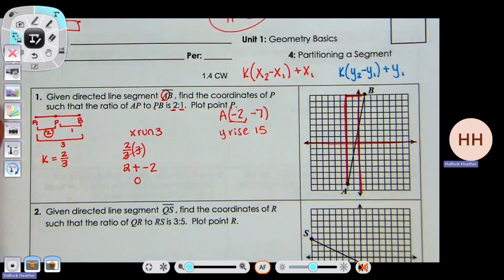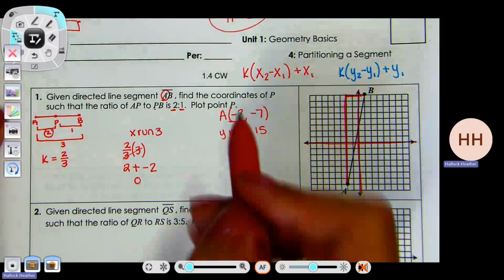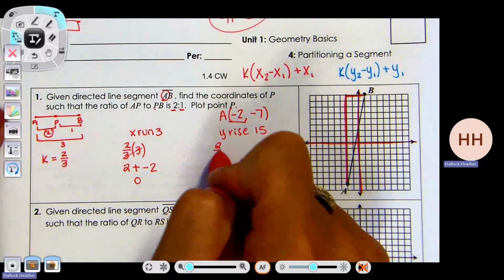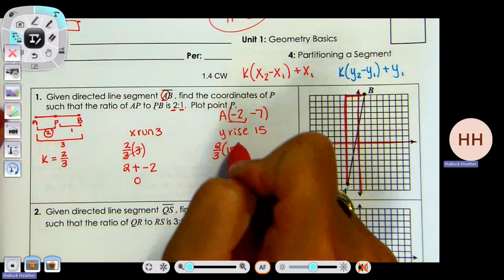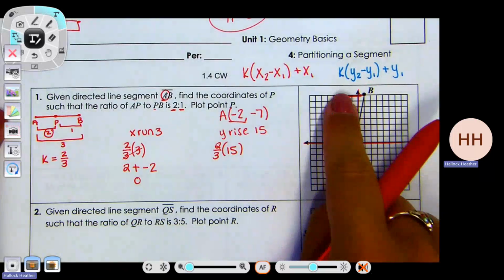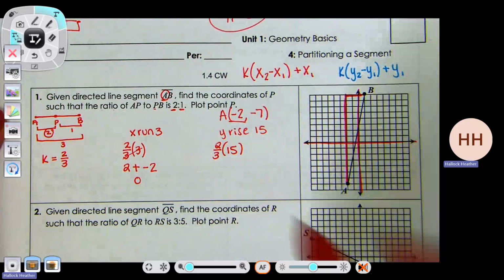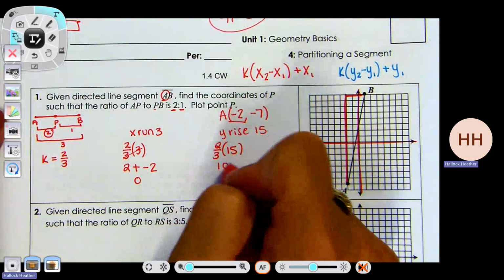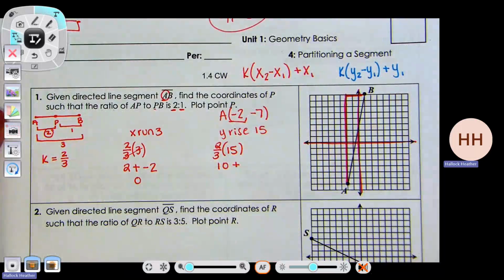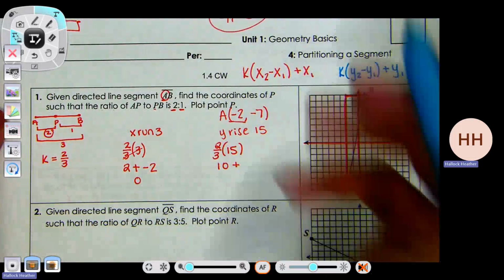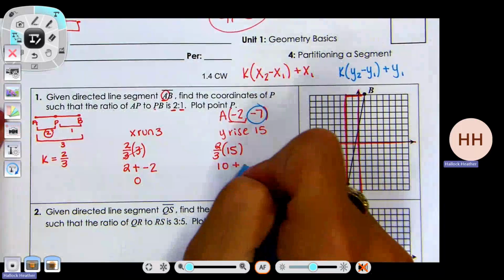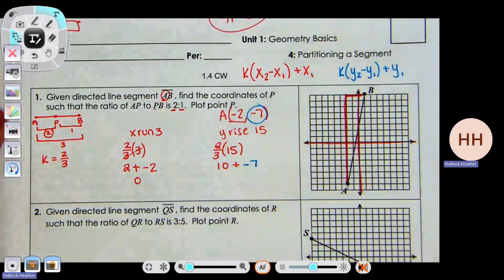I'm doing the same thing for the Y. I'm doing 2/3 times 15, because if I went the entire 15 up, I would get all the way to the other point. I want to know what 2/3 of the way is. So 2/3 times 15 is 10. Then I have to add where I started. Where did I start? -7. So that's why we have to write out our starting point.